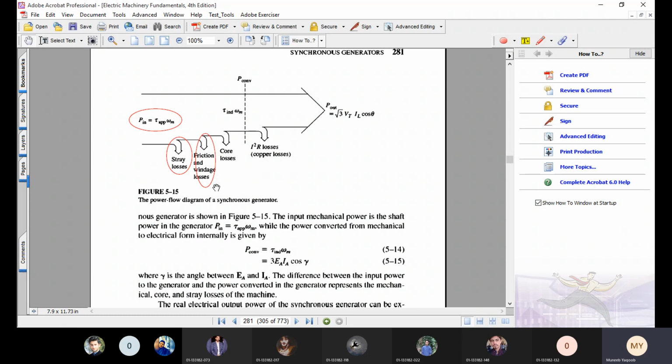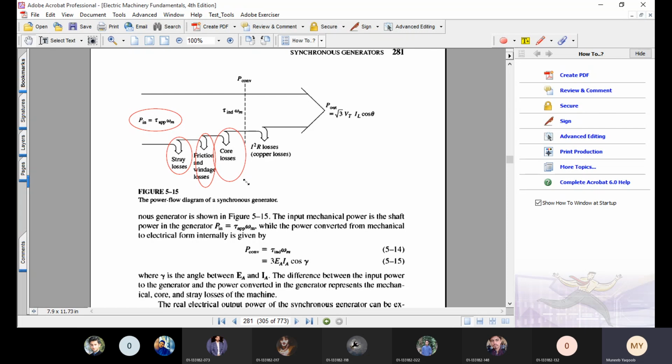So eddy and hysteresis losses occur at the stator winding, and we lump them together and name them core losses. So these are the core losses that we will subtract after the mechanical losses.